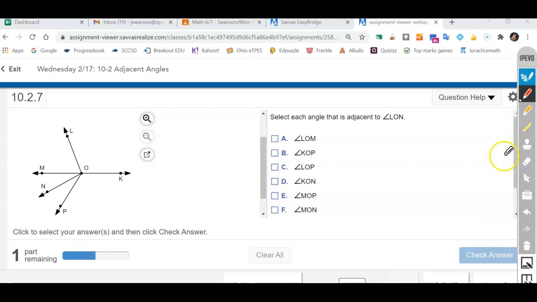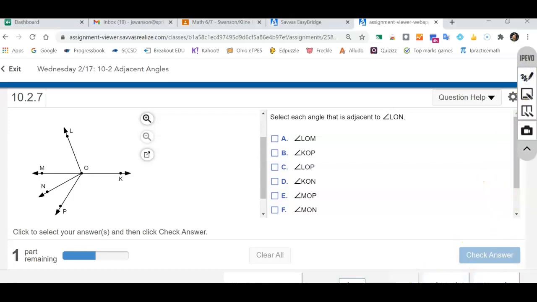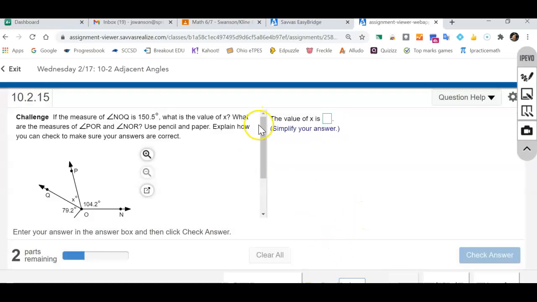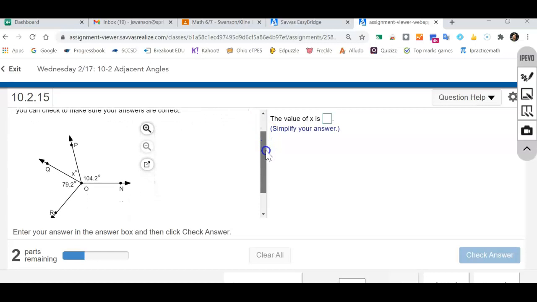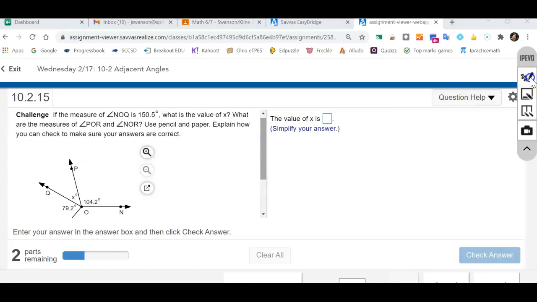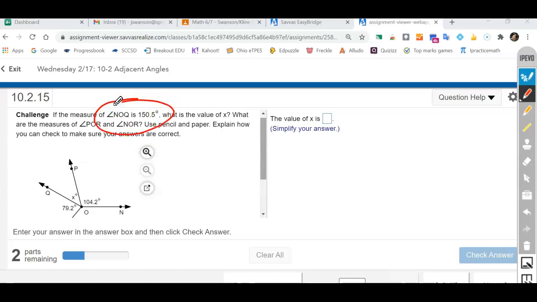Let's look at one more, and then we'll try some. I want to show you, we got a couple challenge questions. I don't want you to stress. I want you to try them, but do not stress about it if you get them wrong. Okay, once again, we got to look at what's given. NOQ is this one right here. So this over here is a total of 150.5 degrees.